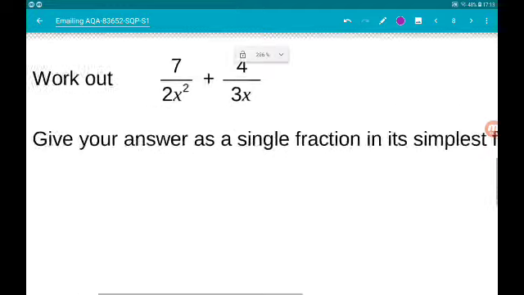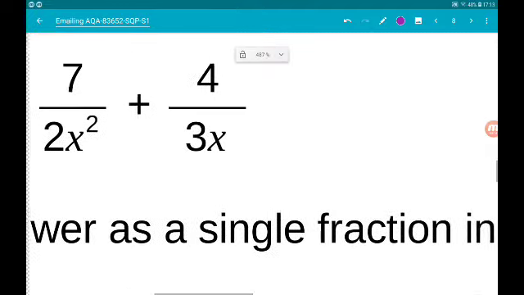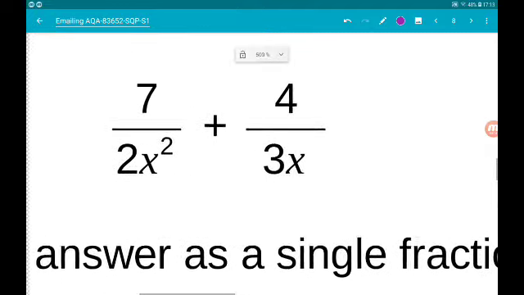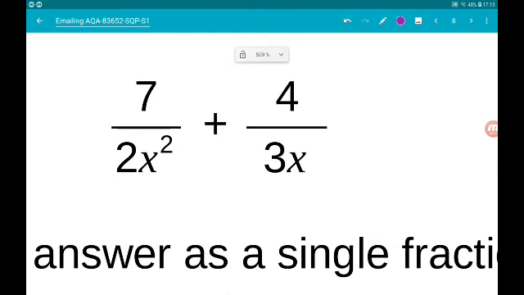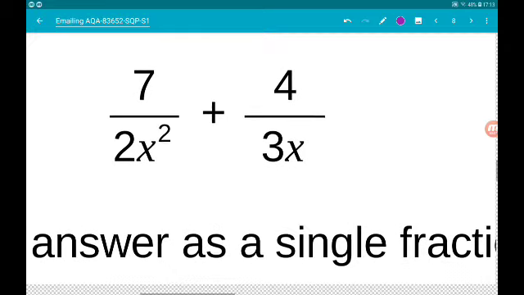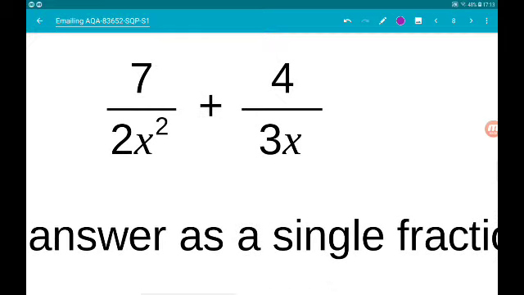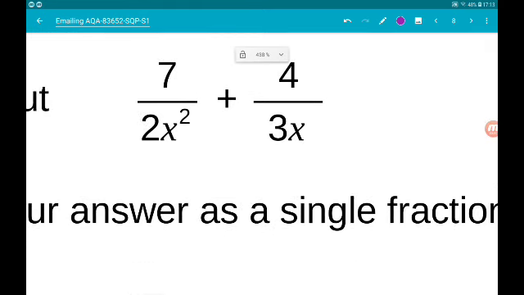So, there are a few ways that we can do this. If you know the picnic table method, cool, that's the way that I would use. If not, probably go common denominators. So, the first thing that 2 and 3 both go into is 6. And the first thing that x squared and x go into is x squared.